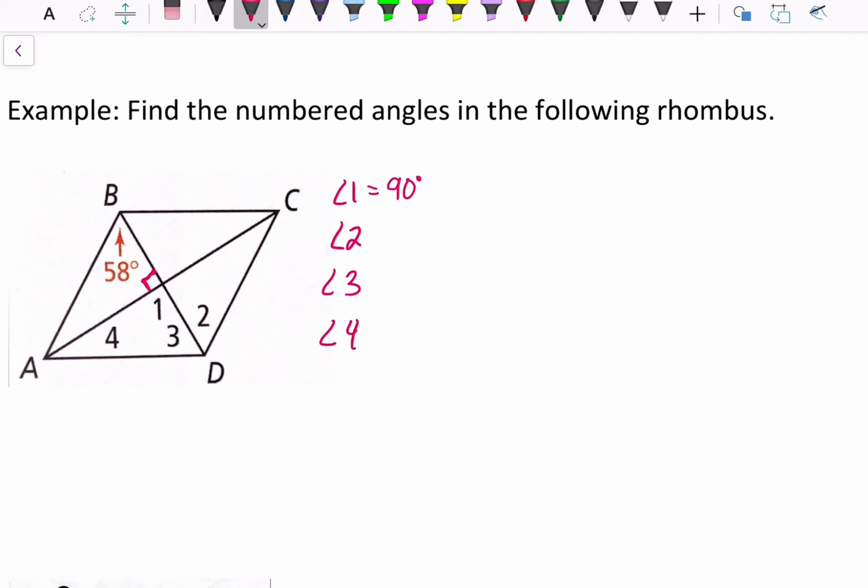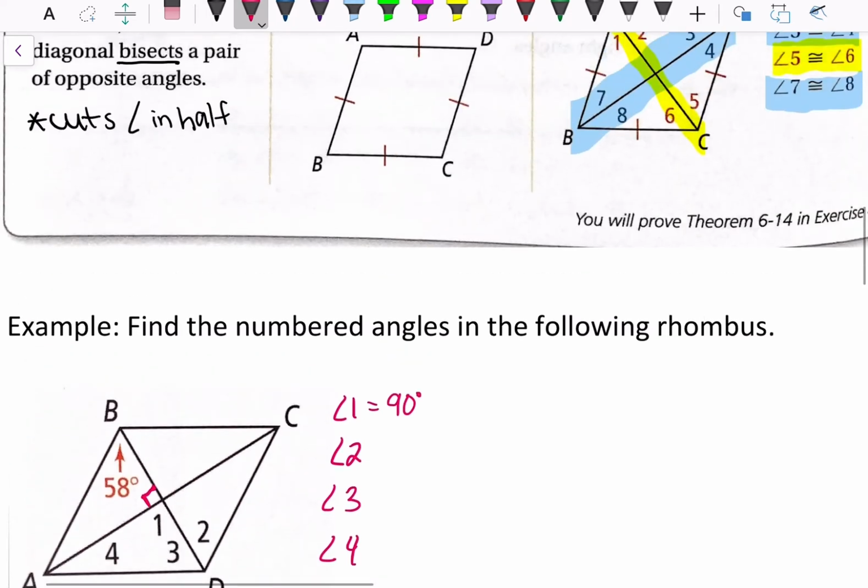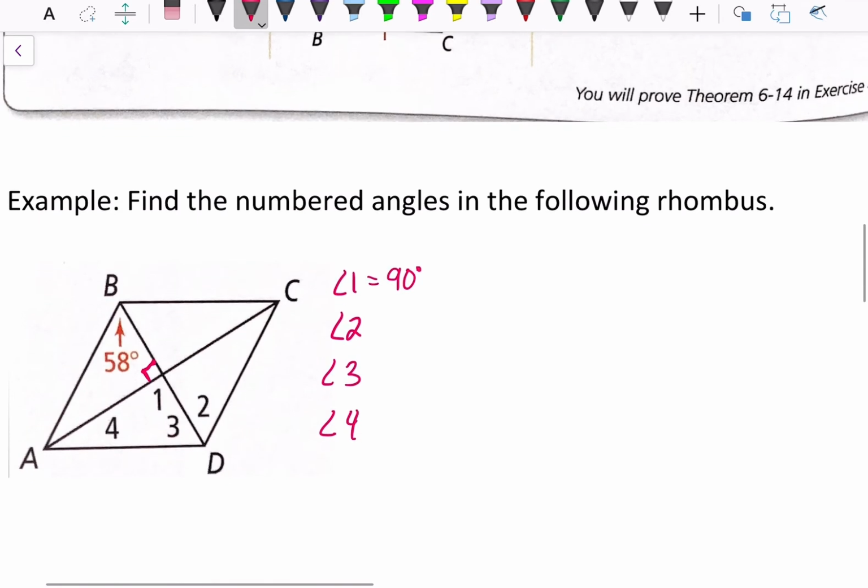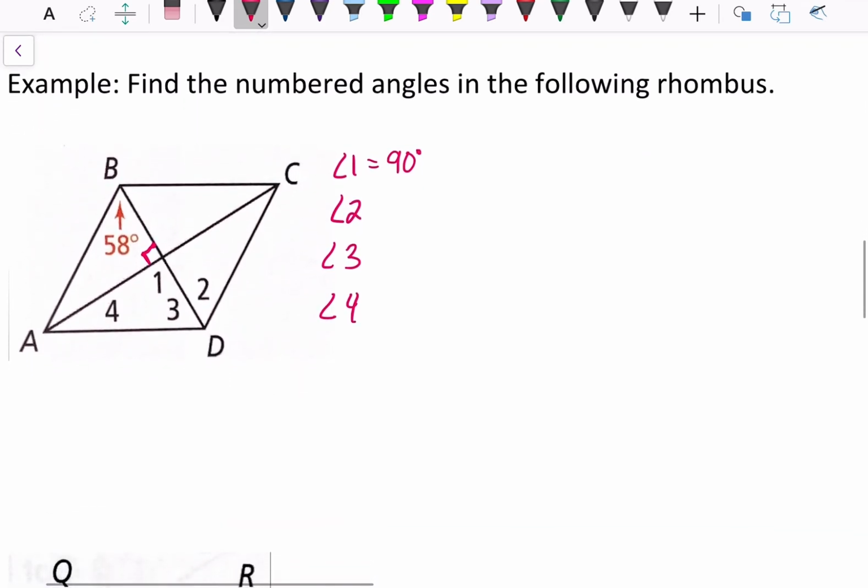We also know from theorem 614 that angle 2 is congruent to angle 3 because the diagonal BD bisected that angle. And we know that angle 4 is congruent to this angle. So I could also call this angle 4.